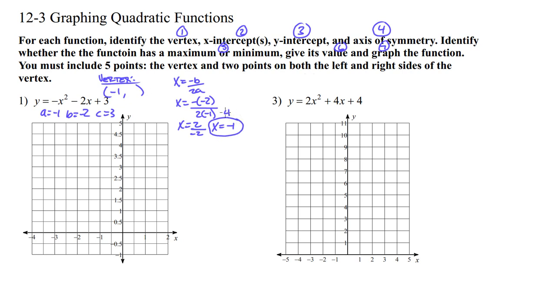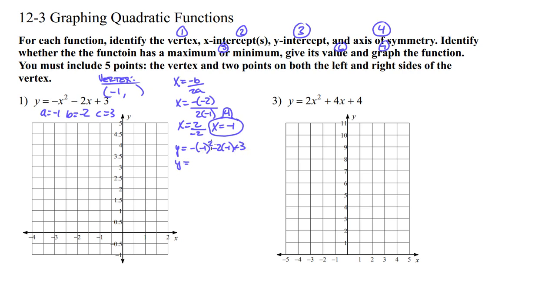So number 4 is that. Axis of symmetry is x equals -1. To find the y coordinate of the vertex, we're going to plug -1 back into our equation here. So we do y equals -1 squared minus 2 times -1 plus 3.